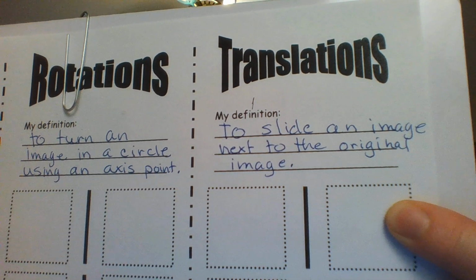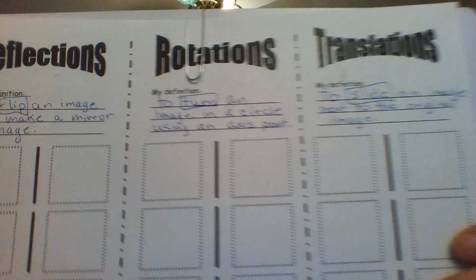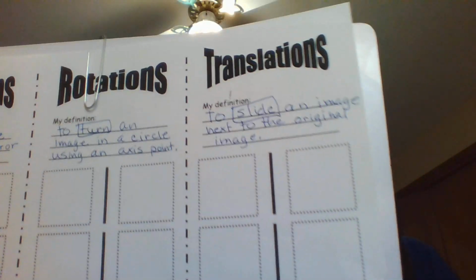Remember, and you can go back, I'm going to circle the words that are the most important. Flip, turn, slide. All right, so now you're going to take out our pictures and we're going to look at them.